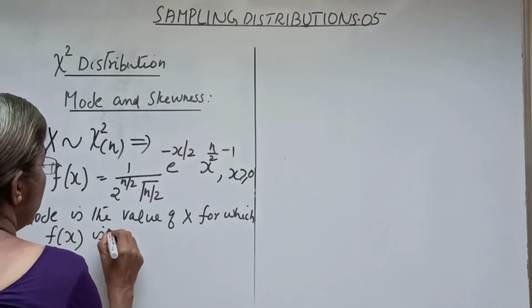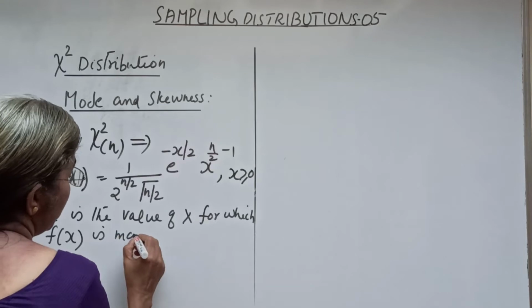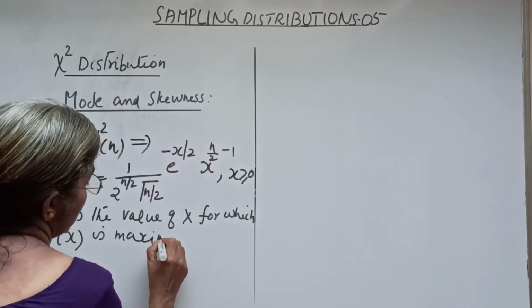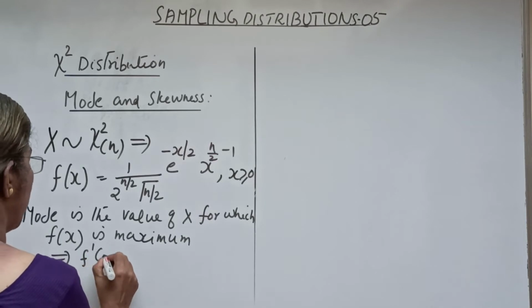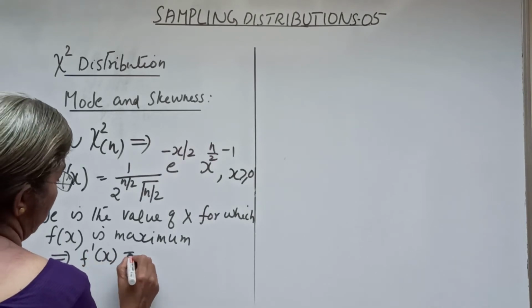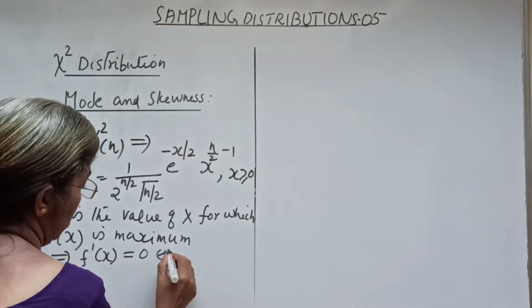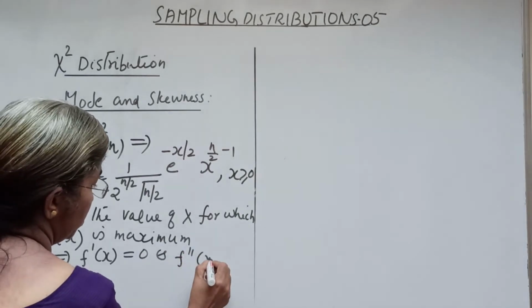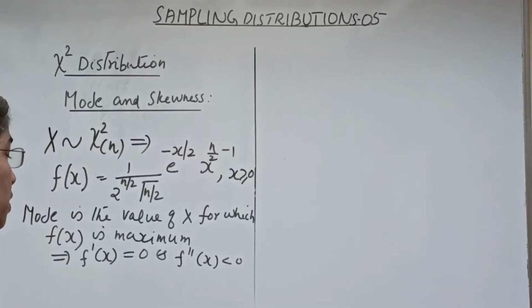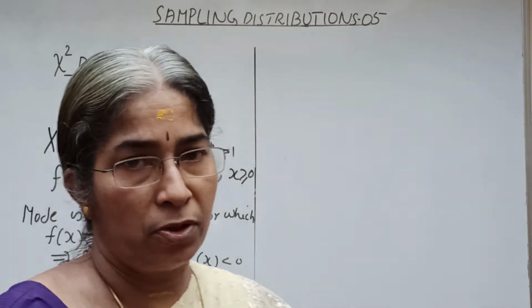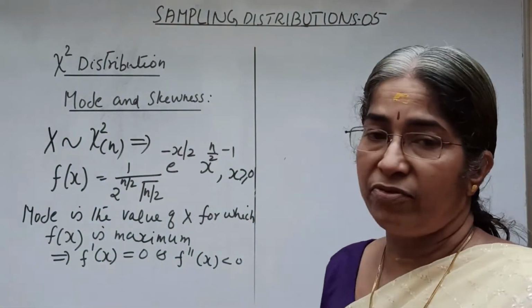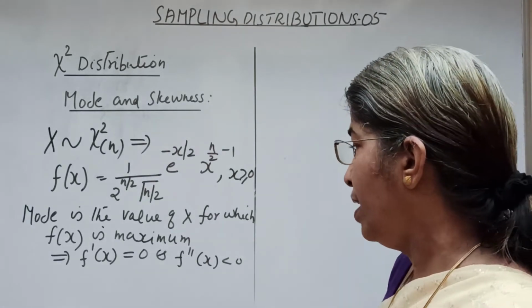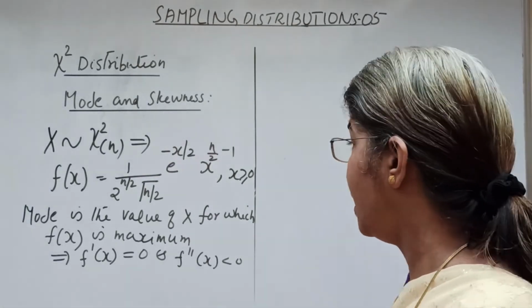That is, we can obtain mode by solving f dash x equal to 0 and f double dash x less than 0. So, in order to obtain the mode of a distribution in the continuous case, we solve f dash x equal to 0 and f double dash x less than 0.